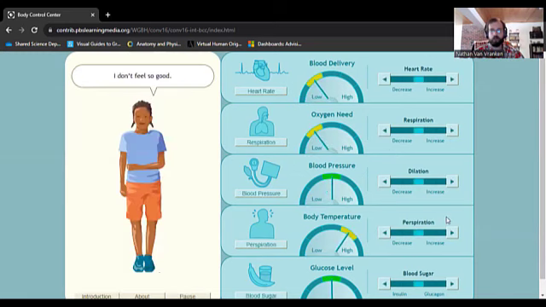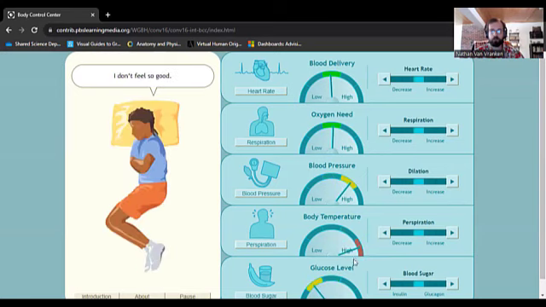And so we can fire it up, and there is our virtual person. They've got low blood delivery, low oxygen. Blood pressure is okay. And body temperature is running a little high, and glucose. But you'll notice how these dials are changing, and the person is progressively becoming much worse.